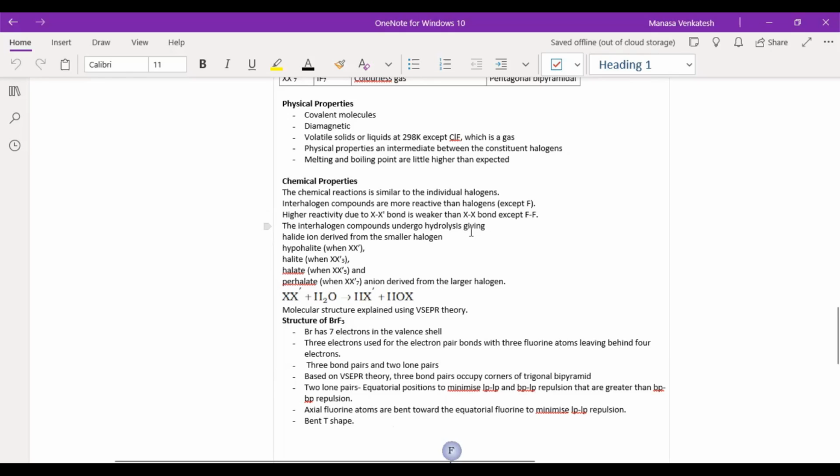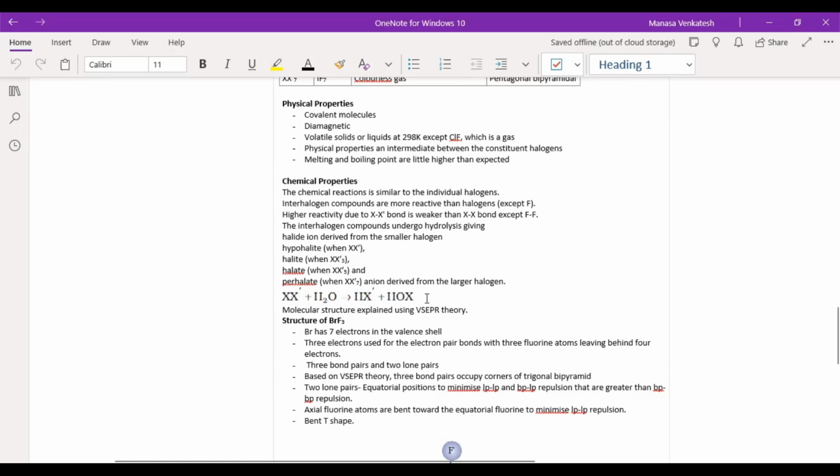So they undergo hydrolysis and give us the halide ion from the smaller halogen. Based on the type of interhalogen compound, we have the anion derived from the larger halogen. Based on the type of interhalogen, you have a hypohalite when it's X X dash, halite when it's X X dash 3, halate when it's X X dash 5, perhalate when it's X X dash 7.